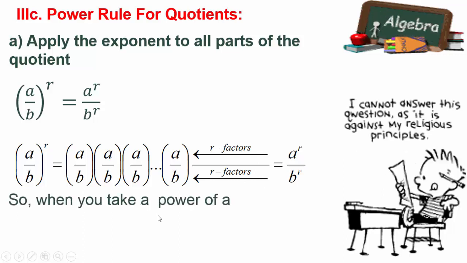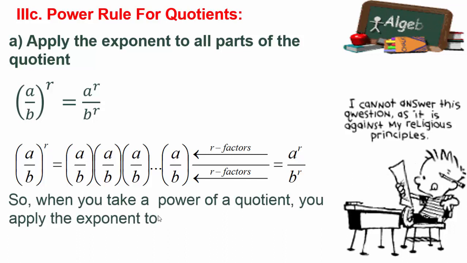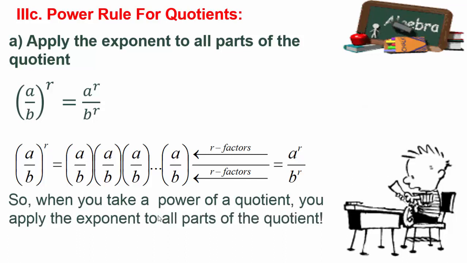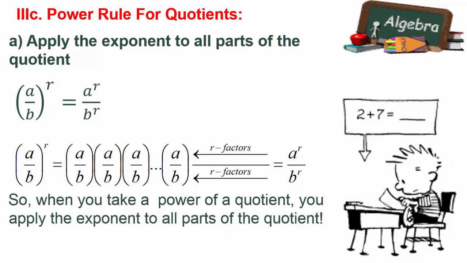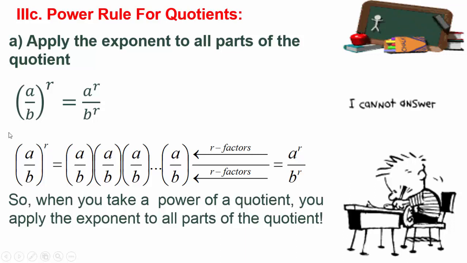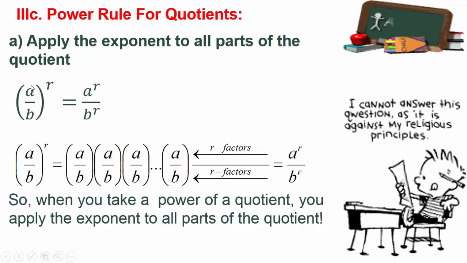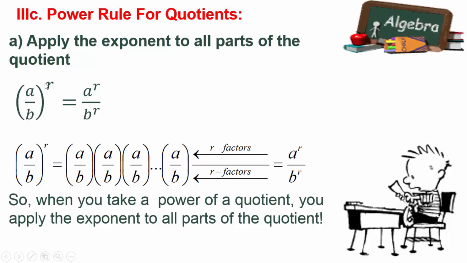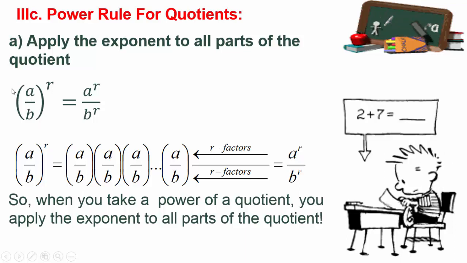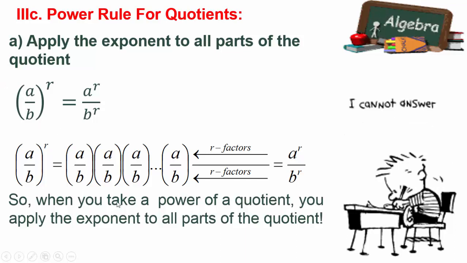So when you take a power of a quotient, you apply the exponent to all the parts of the quotient, not just one, not just the top, not just the bottom, but all the parts. And you want to make sure that the bracket is covering the whole thing. So whatever is inside the bracket is what that exponent, or that power, is affecting.